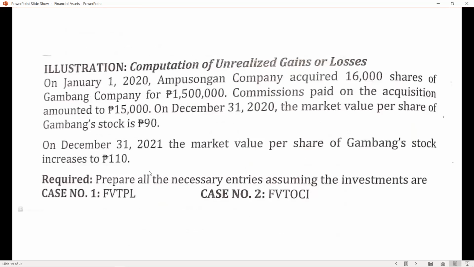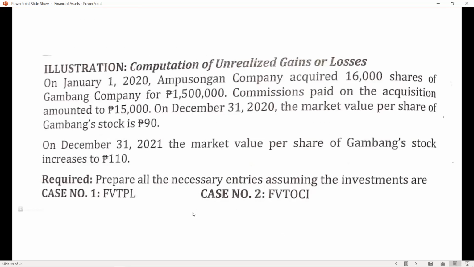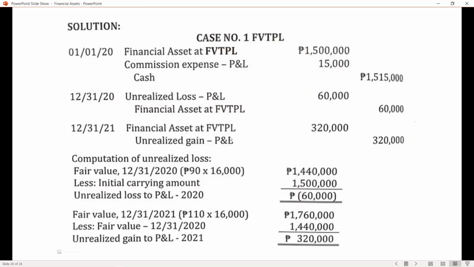Pero pagdating nung December 31, 2021, nag-increase ito sa 110. So, ang mangyayari dito is yung fair value mo, which is 110 times 16,000 shares is 1,760,000. Tapos yung carrying amount na ilalagay mo is hindi na yung 1,500,000, kasi nag-revalue na tayo noong December 2020.